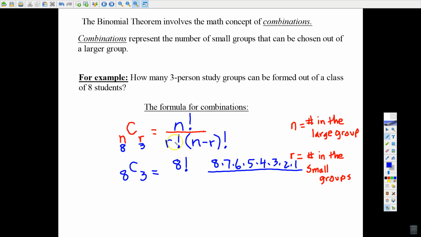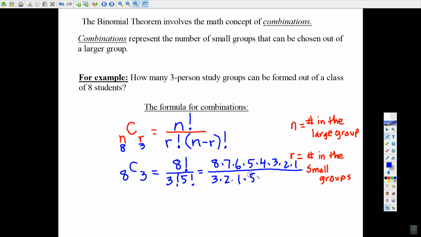R factorial is 3 factorial, which is 3 times 2 times 1. N minus r, in this case, 8 minus 3 is 5. That makes 5 factorial.